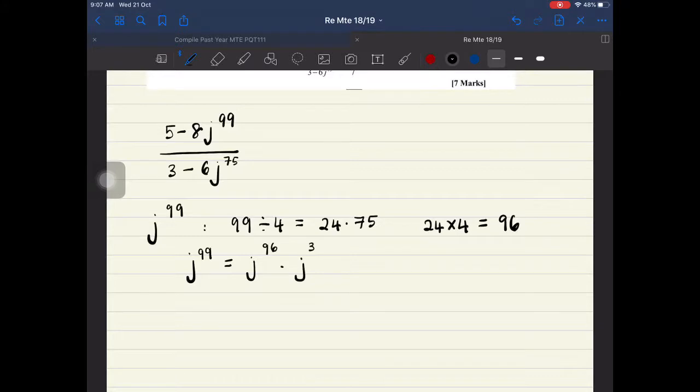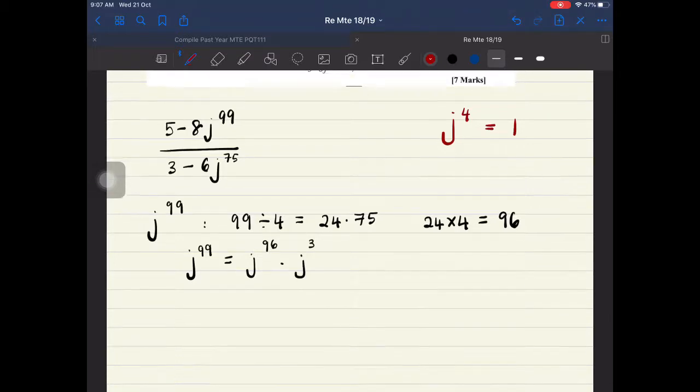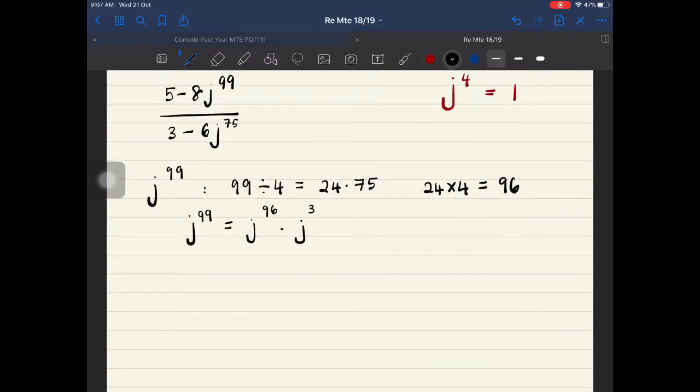Okay, why I ask you to find the nearest integer which is a multiple of 4, because you know that j to the power of 4 is equal to 1. Since j to the power of 4 is equal to 1, any multiple of 4 will be equal to 1. So therefore here you will have 1 multiplied by j cubed.